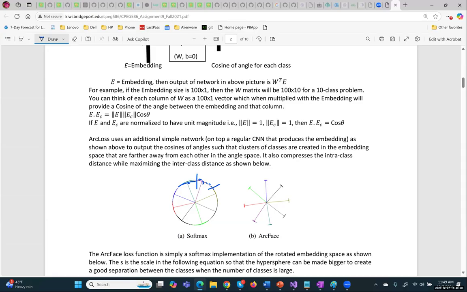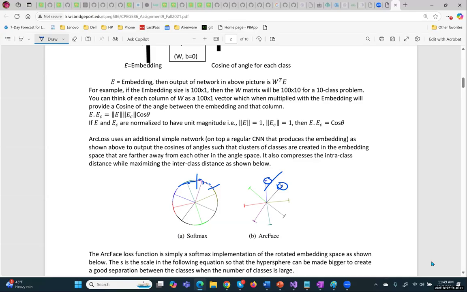Just like we were talking about, what if we pick a hypersphere and make the sphere larger? Then the clusters will become very compact. Through our loss, we can do that and create a bigger separation between the two. So once the classifier comes, it will be easy.